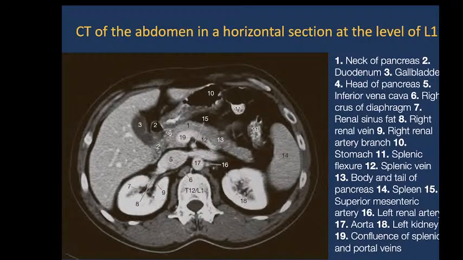This is another horizontal section CT scan, and the same organs as we just talked about before: spleen, left kidney, right kidney. This is the inferior vena cava and abdominal aorta, and of course the lower part of the liver. This is the right lobe of the liver.